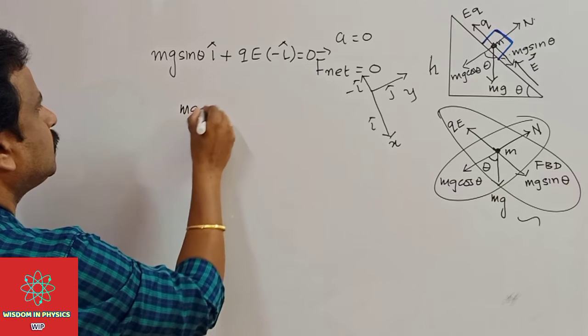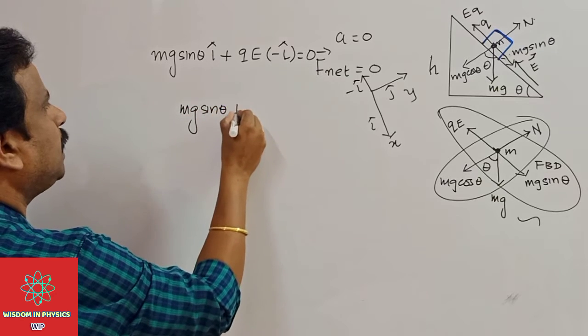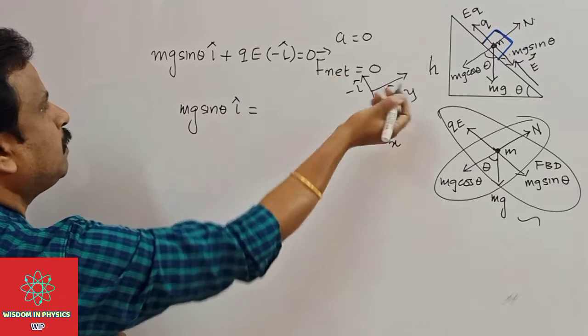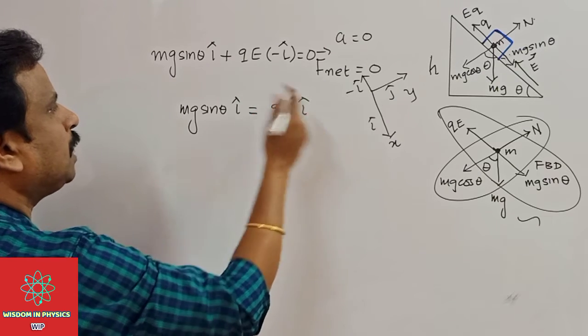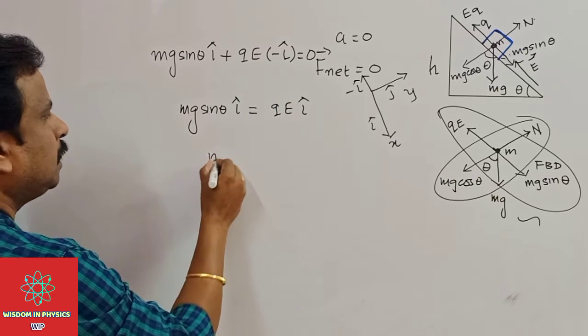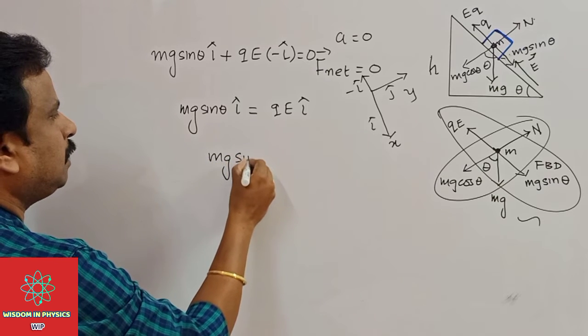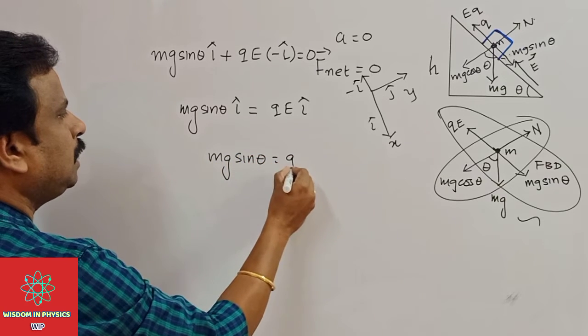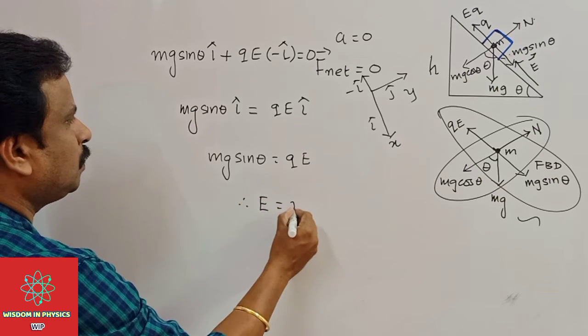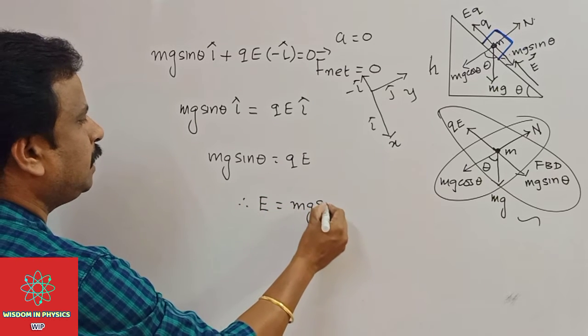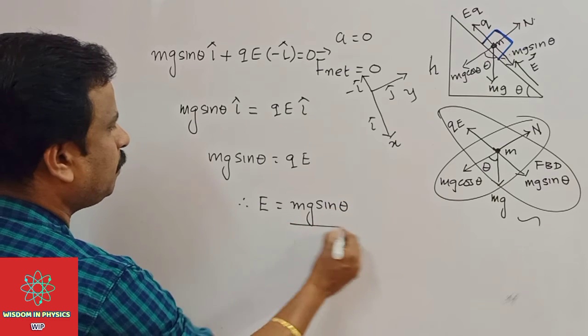So mg sin theta i cap is equal to, this minus will become plus, QE i cap. If you take modulus on both sides, you will get mg sin theta is equal to QE. Therefore the magnitude of the electric field is equal to mg sin theta divided by Q.